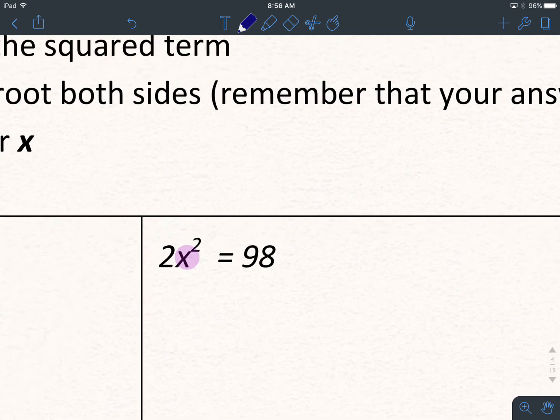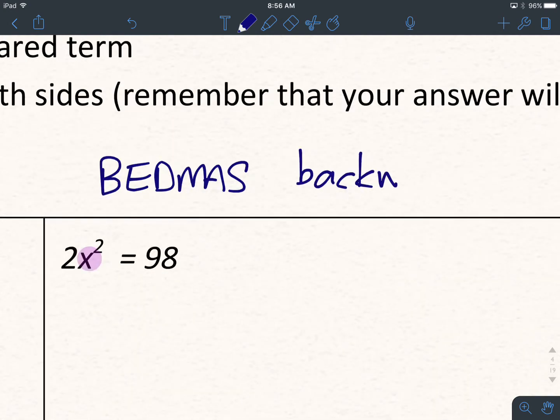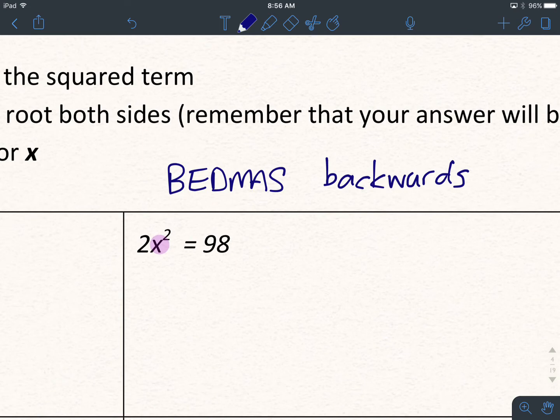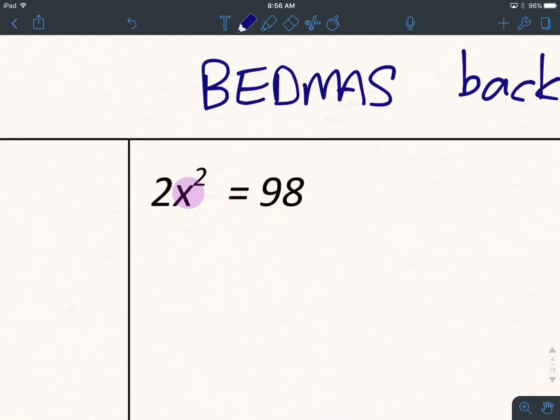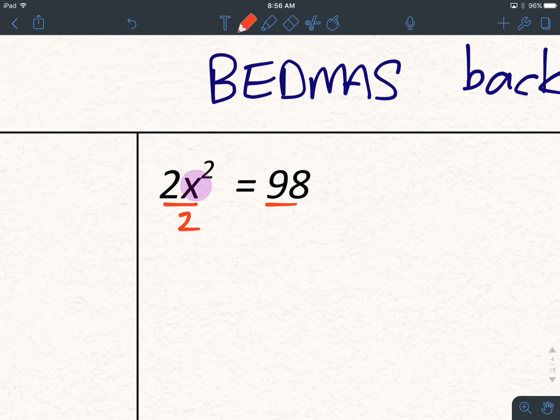I do want to make a note right here that we are going to be following BEDMAS backwards, which means that we are going to undo all of the addition and subtraction before we undo the multiplying and dividing, before we undo the exponents, and before we undo the brackets. So if we follow BEDMAS backwards, and we recognize that in this question x is being both squared and multiplied by 2, we're going to undo the multiply by 2 first by dividing both sides of our equation by 2.